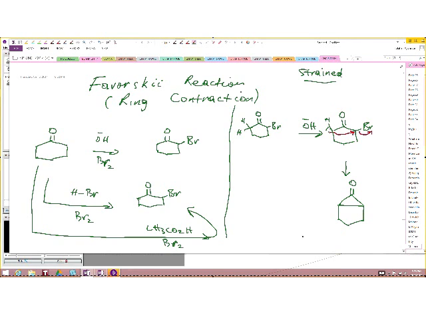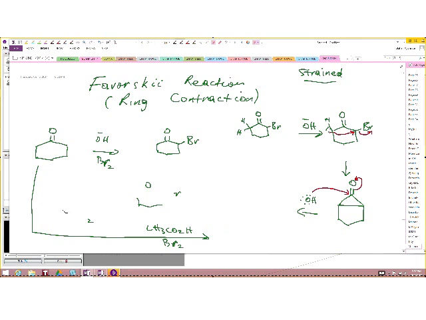Okay, so now another molecule of ethoxide comes here. Now I'm going to do the nucleophilic addition to the carbonyl. Form another intermediate. Let me get this out of here.